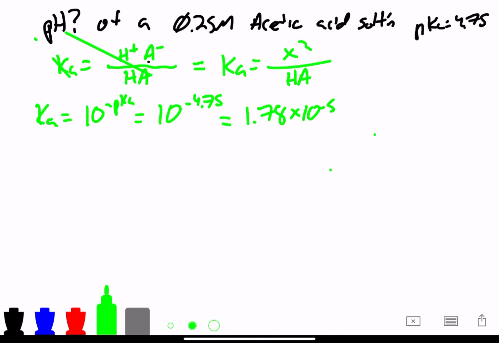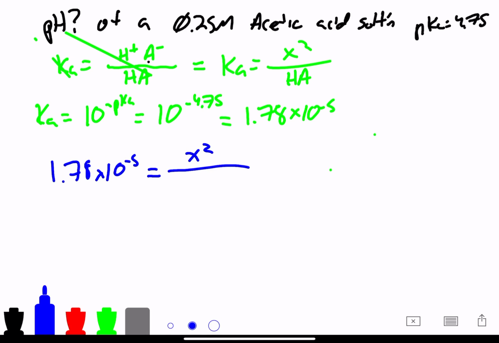So now we want to set up an expression. 1.78 times 10 to the negative 5th is equal to x squared over the concentration of HA, which is 0.25 minus x. Now, in this particular case, we can use the approximation method because Ka is less than 1 times 10 to the negative 4th.